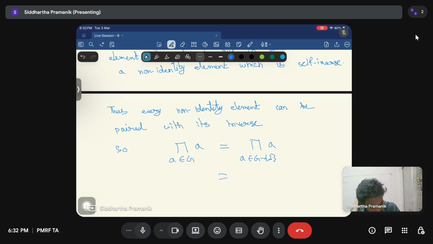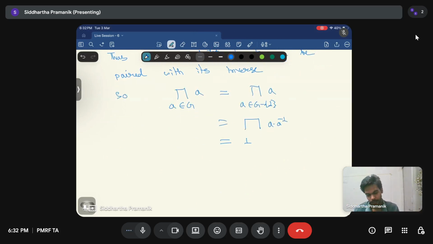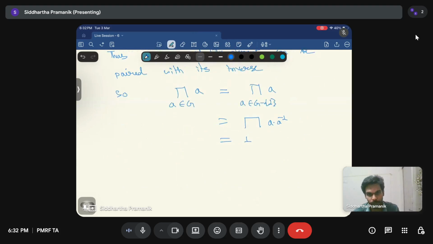But again, this can be paired as a times a inverse, right? So we can just collect the elements with their inverses, and their product will give you 1. So the whole product will give you 1. So when n is odd, this product will be 1.